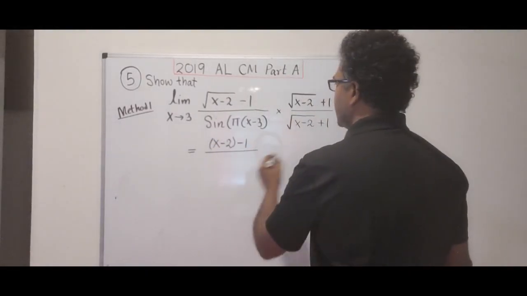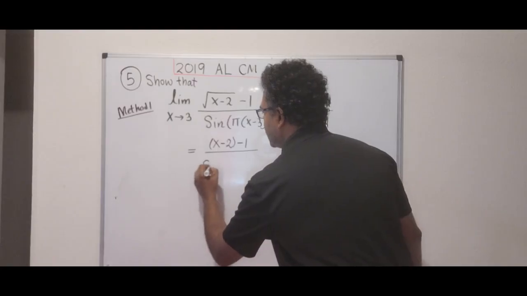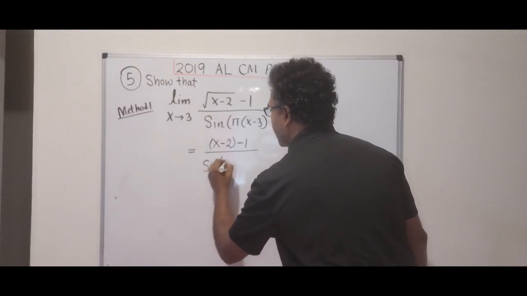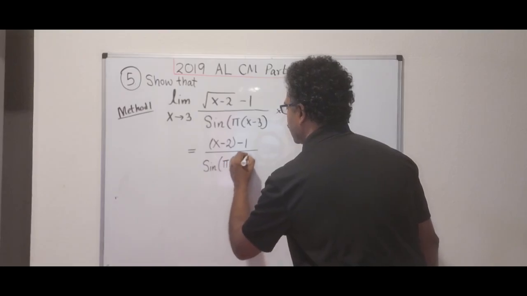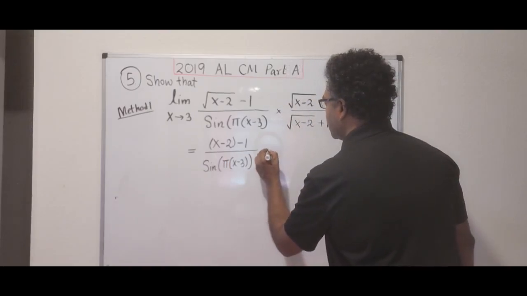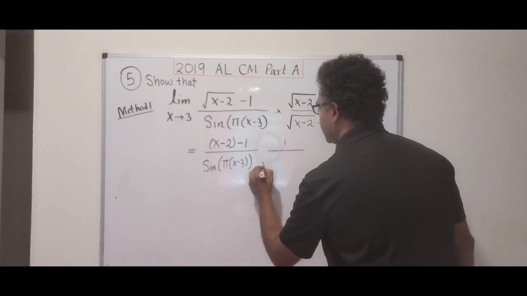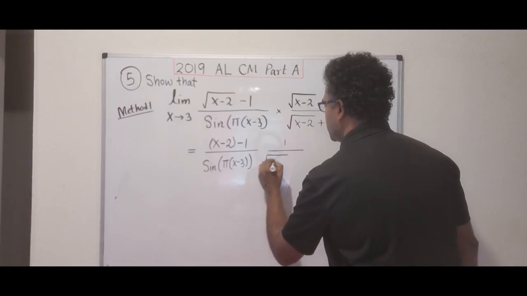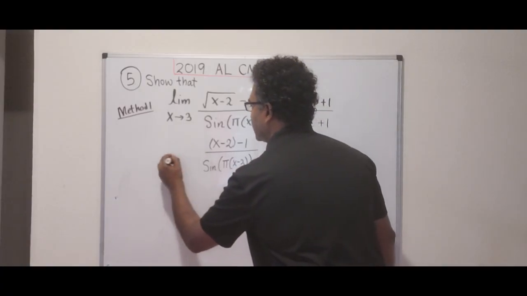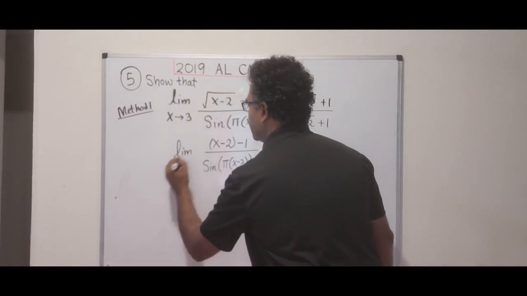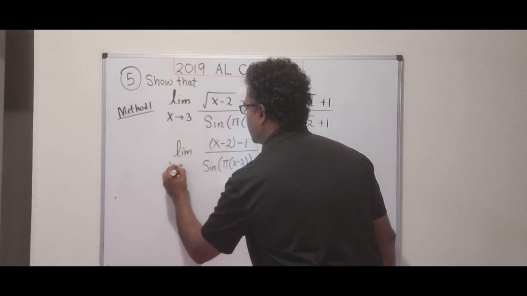And in the denominator, we'll have sine pi times x minus 3, and then we will have this term, square root of x minus 2 plus 1. We need to take the limit of this as x goes to 3.